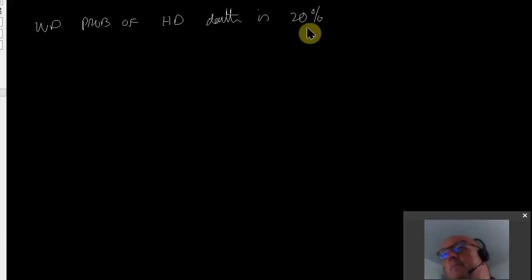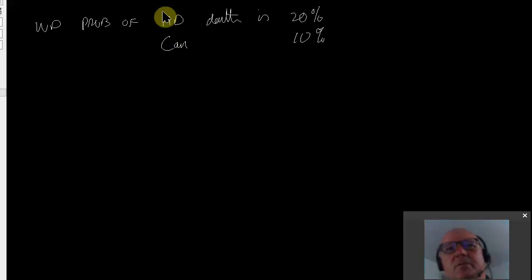So that's the probability of death. The independent probability of cancer death is 10%. So your independent chance of survival from heart disease is 80%.